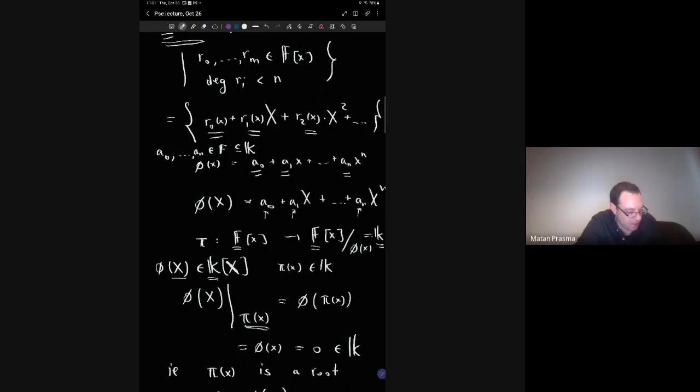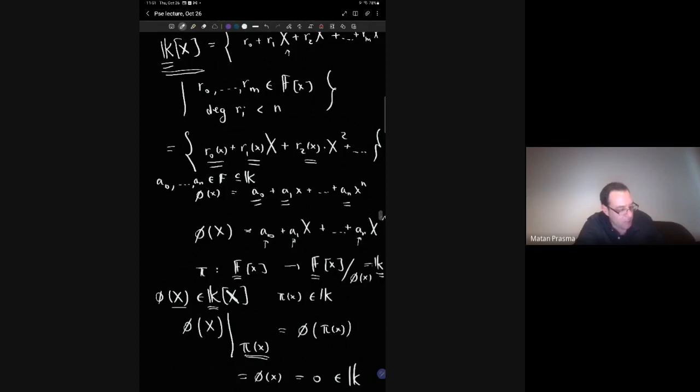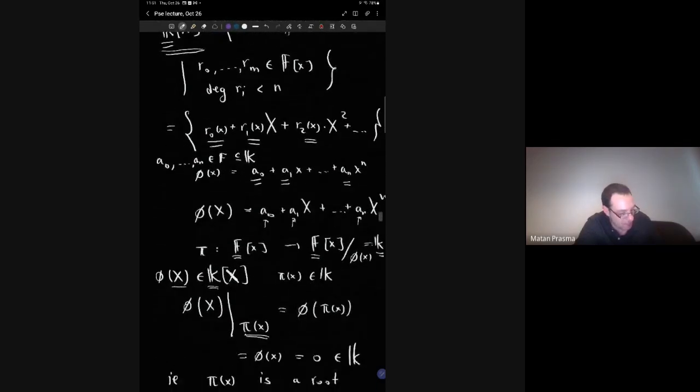This K is the minimal field containing the original field F and the root pi of x. Because what is this K? K is all the possible remainders. And once you know that K contains pi x, pi x is simply x.